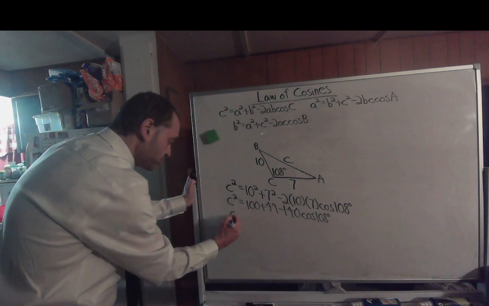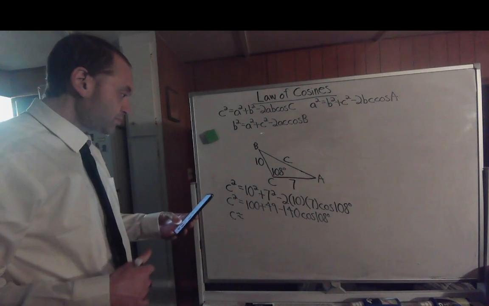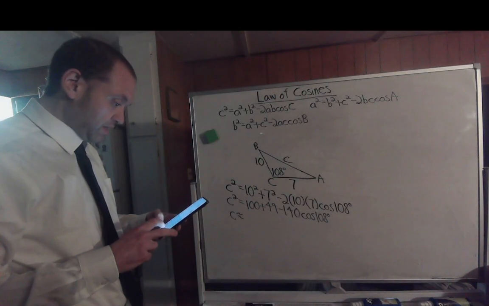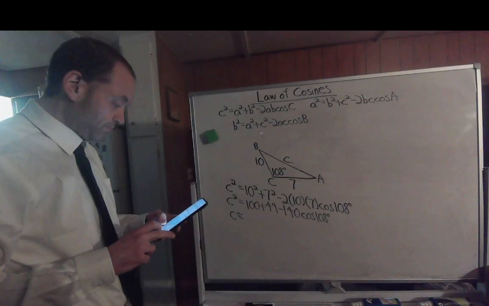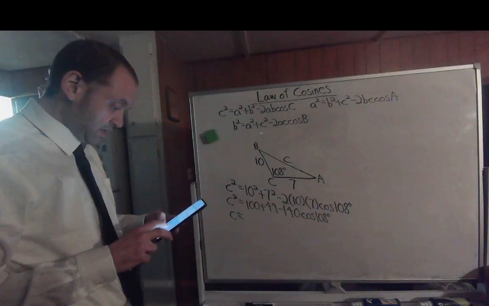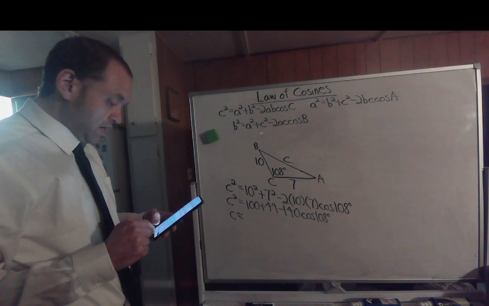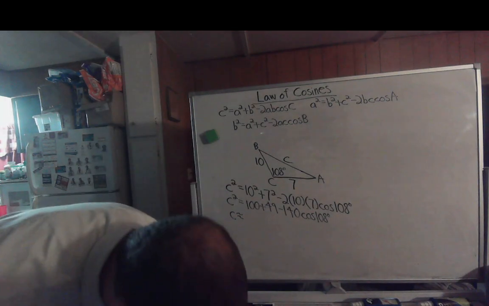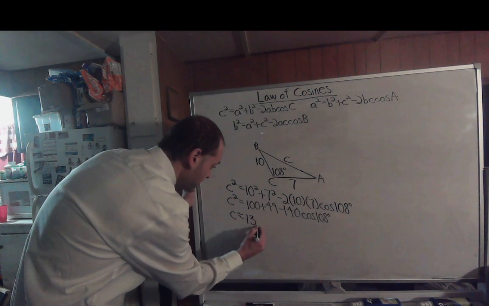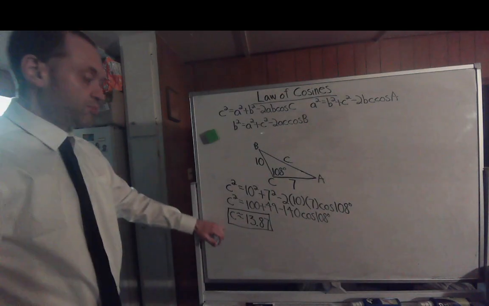Now we should be able to get a 2 decimal place approximation for side C. Then I just take the square root of that. So for side C, I should get an approximate length of 13.87 units.